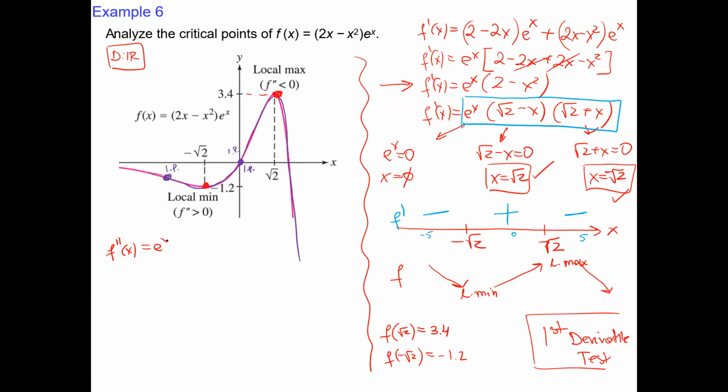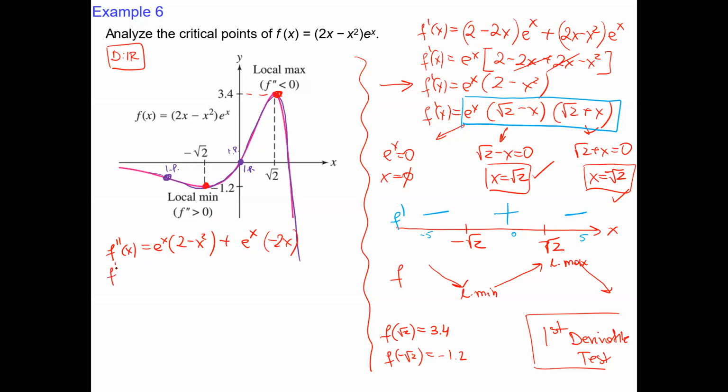Derivative of e to the x is e to the x times the second function plus e to the x times derivative of 2 minus x squared, which will be negative 2x.